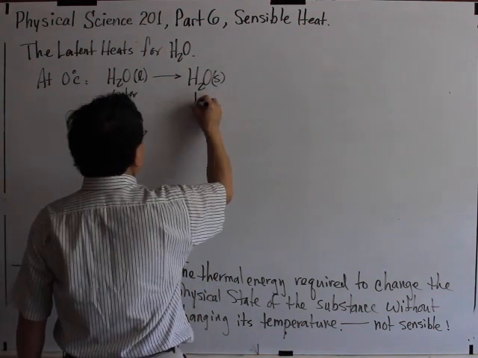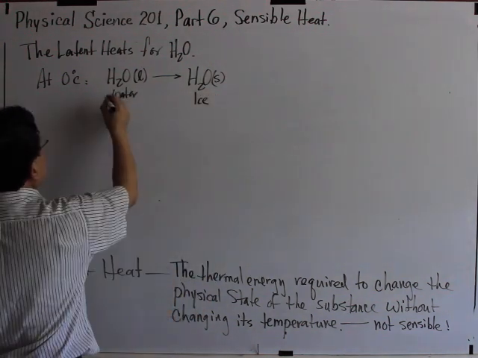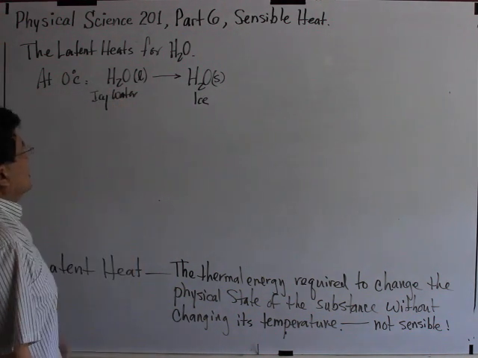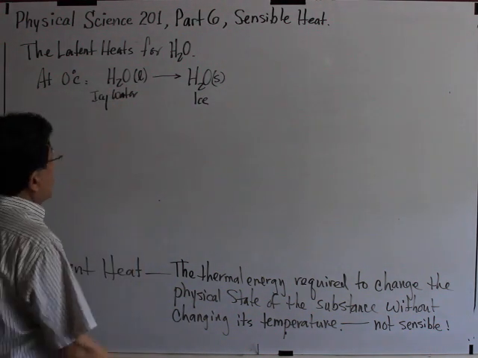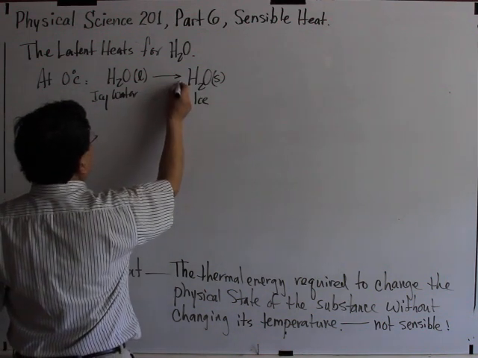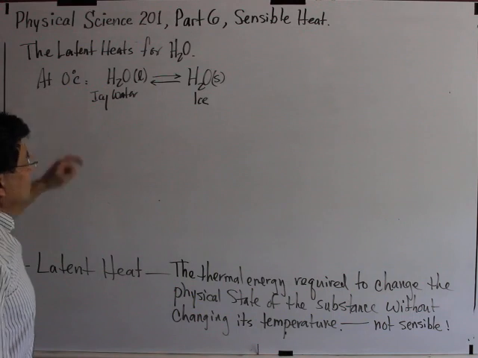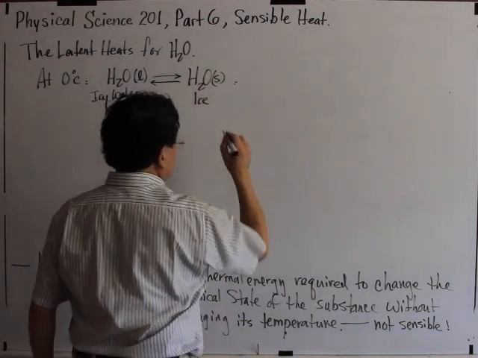That's called ice, and here is icy water and solid ice, and it can go back, melt from solid ice back to liquid water. That's at 0 degrees. Now, what's the value for this?